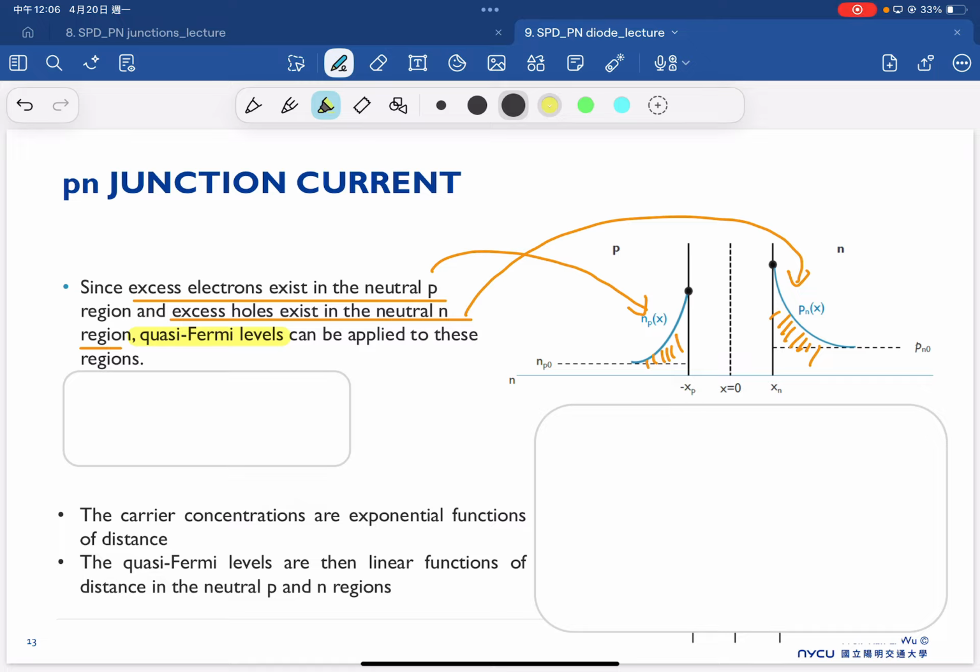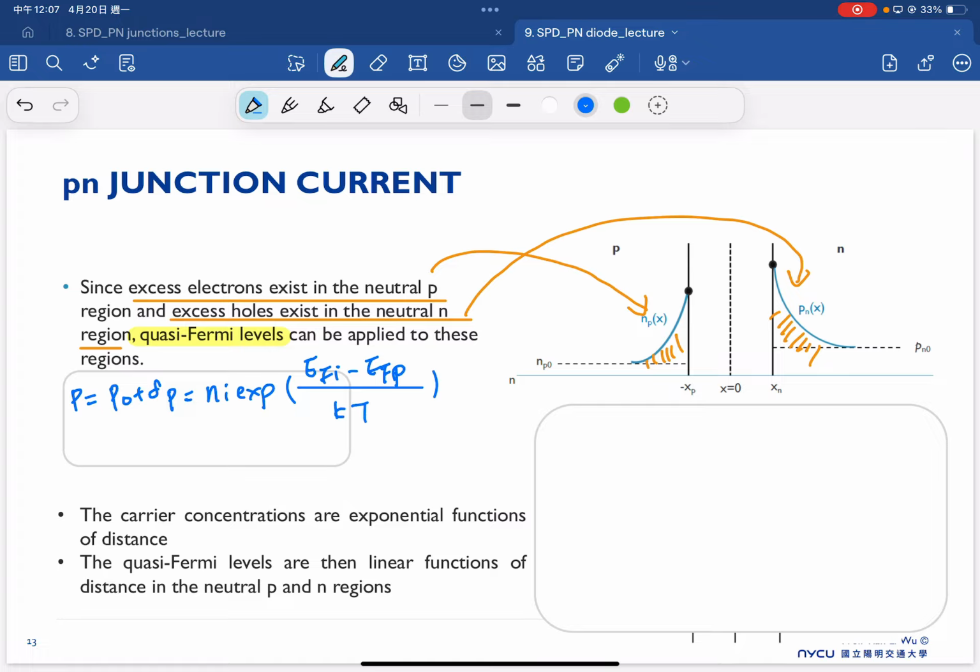So P is equal to thermal equilibrium plus the excess carrier, which is equal to Ni exponential (EFi minus EFp) over KT.